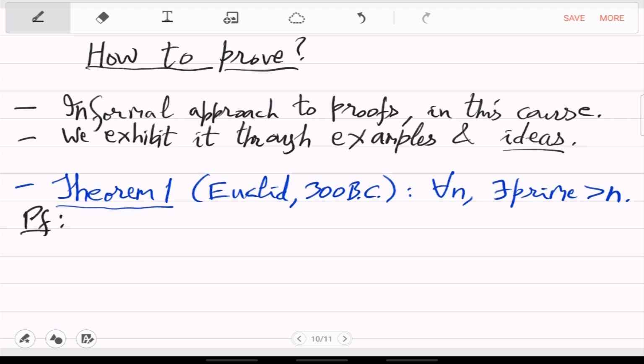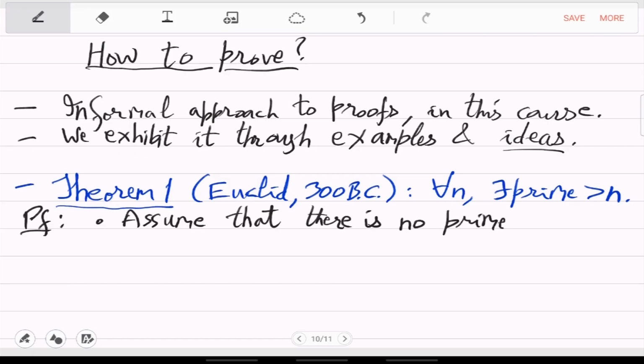So you assume that there is a number n such that there is no prime above it. Assume that there is no prime above some n.